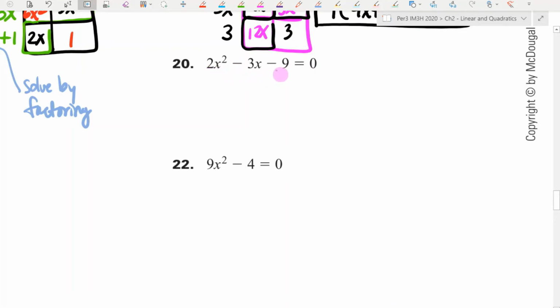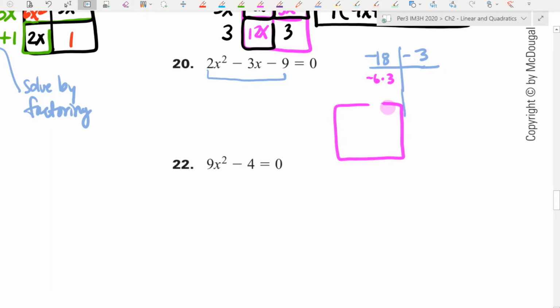You always want to look for greatest common factor. They do not have anything that goes into all three of them. So we're going to multiply. So that's negative 18 to get negative 3, which will be negative 6 times 3. So we'll do the box method. Some of you guys on your homework did the box method for some, and then you try to do grouping for others.